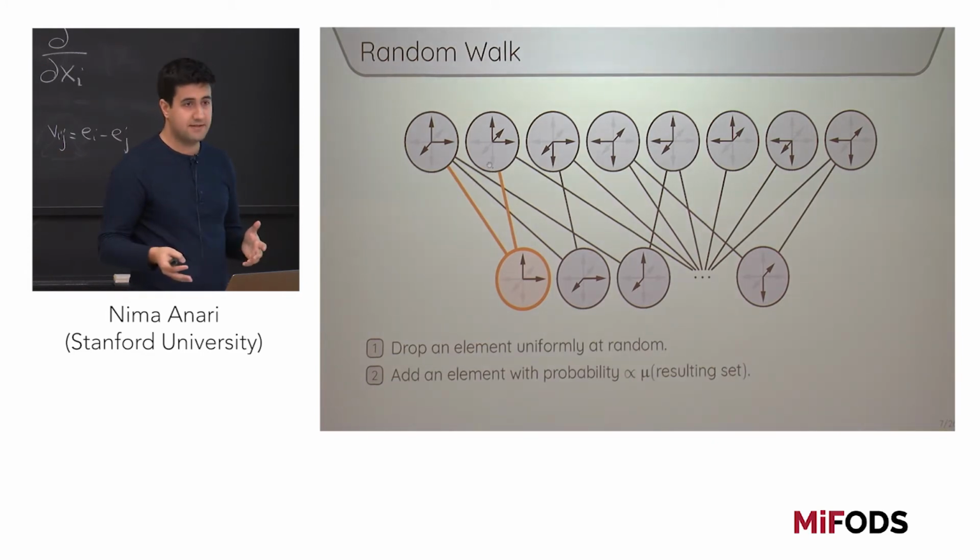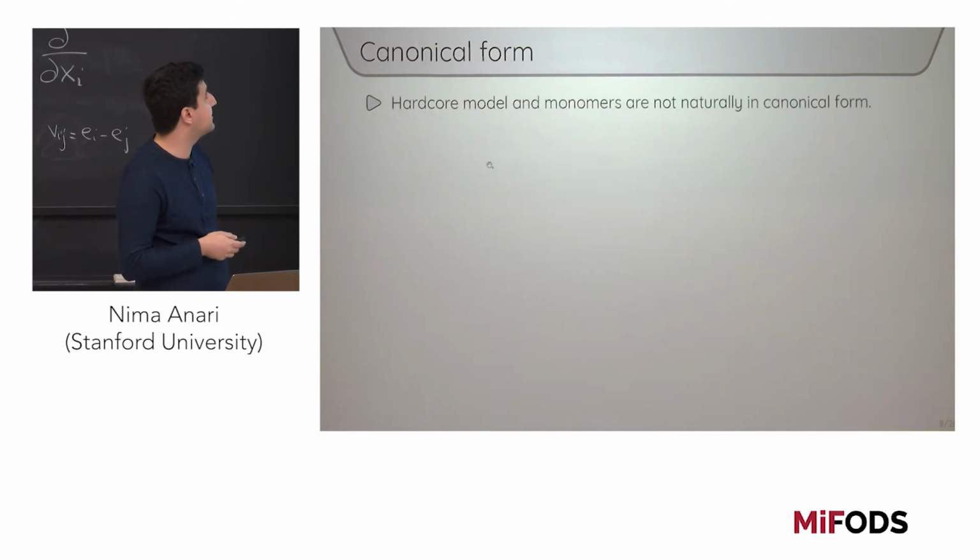The other examples that I showed you are not really distributions on subsets of size k of n elements, but there is a standard way to make them into this canonical form, and then we will have a similar random walk for them.